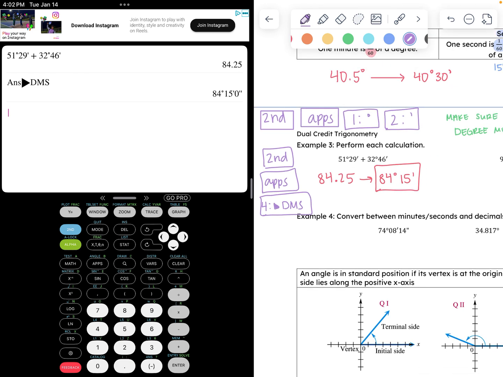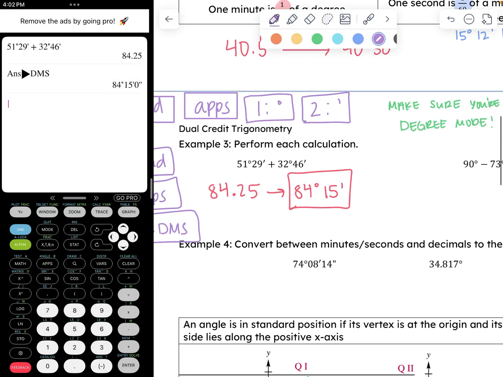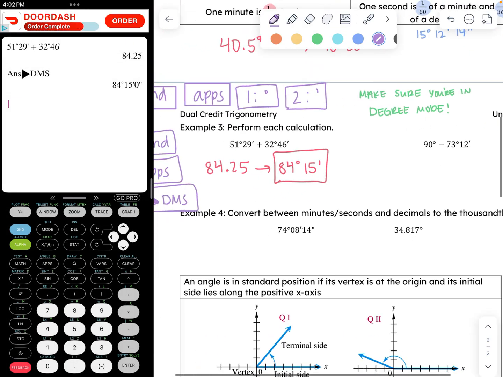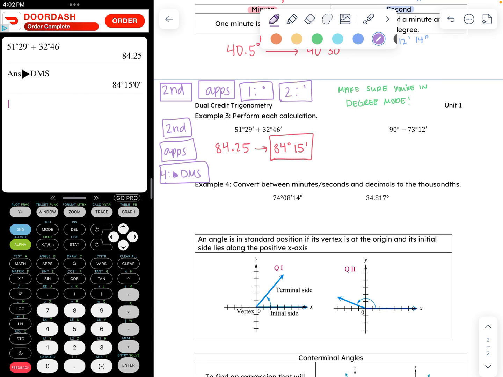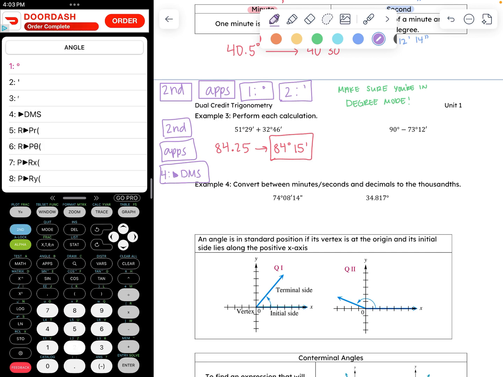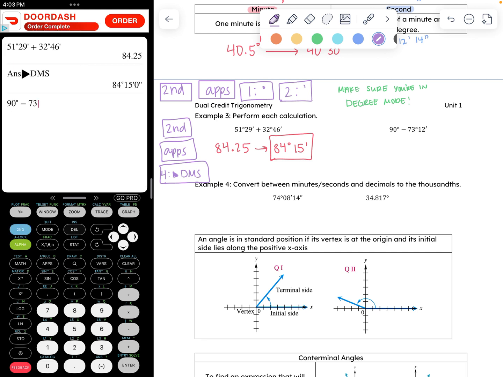Okay, let's look at example 4. Or not example 4, sorry, part 2 of example 3 first. Skipping over a problem. If I do 90 degrees minus 73 degrees and 12 minutes.